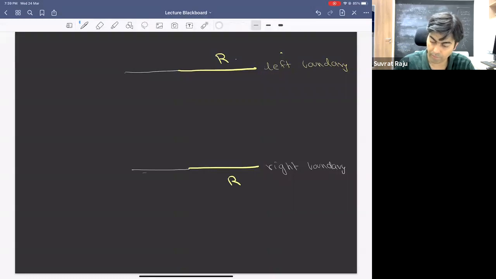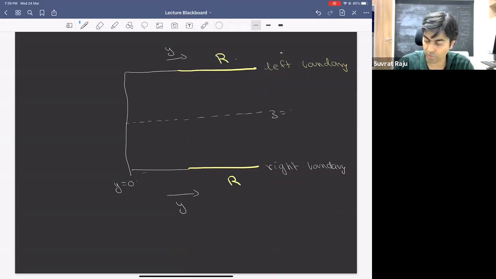And here's my brane. So this is y equal to 0. Y increases in this direction. And here I have z equal to z0, which is a horizon. And on opposite sides of the horizon, on the left side and on the right side, I have two regions. And I want to compute the entropy of the union of R_L union R_R. Okay.